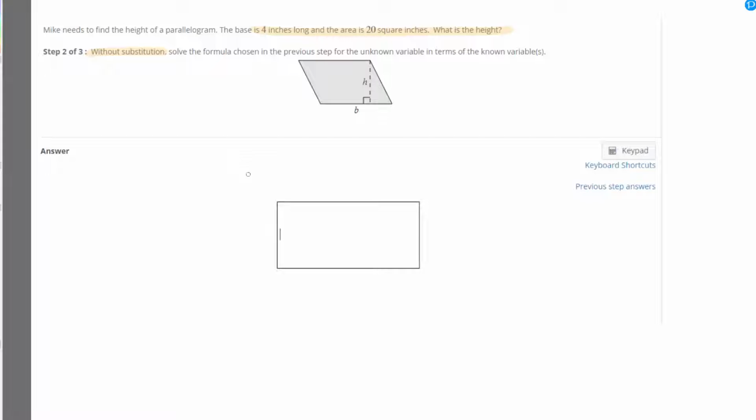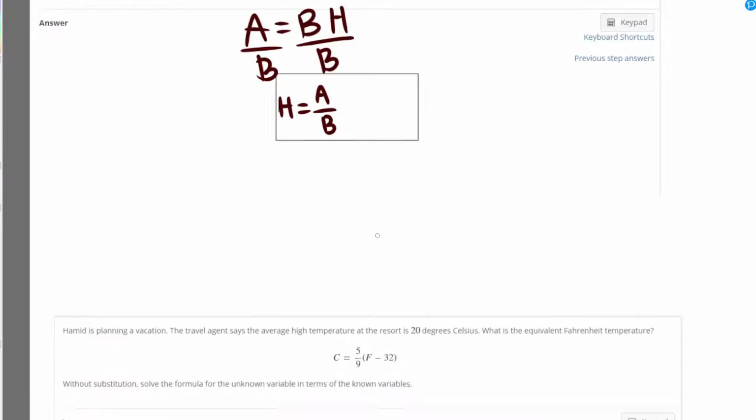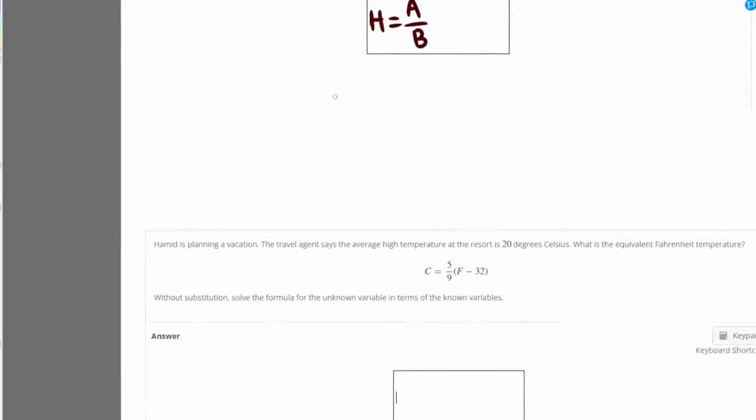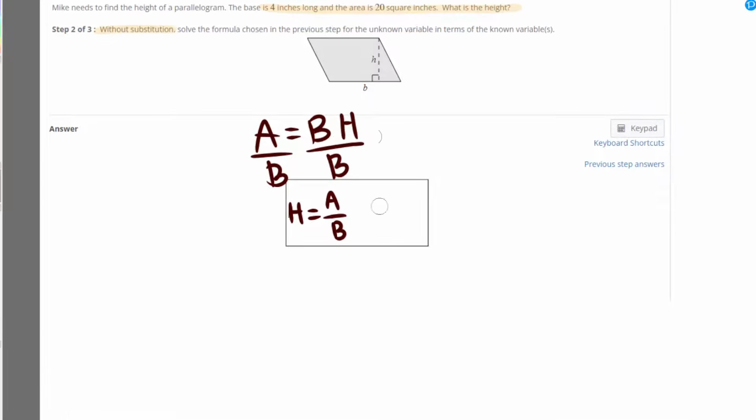So we know that area equals base times height, and we are trying to find height. So what we can do is divide by b on both sides to get h by itself. So our answer would be h equals a over b. And then part 3 of 3, which it didn't give me for some reason, would be to actually solve.